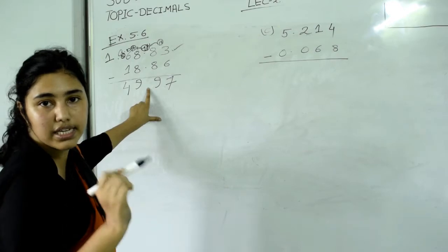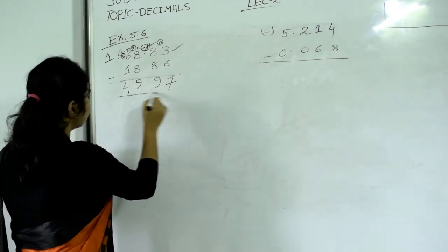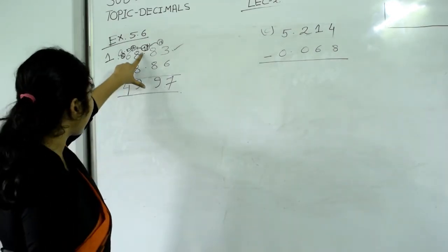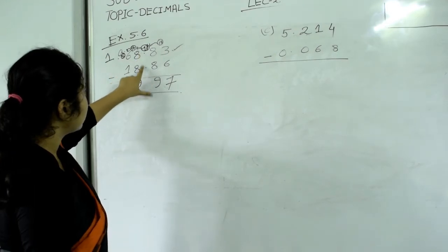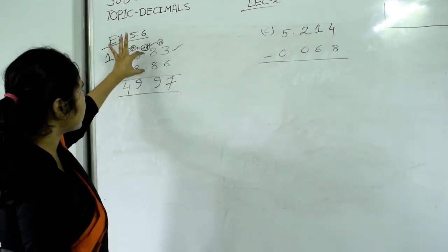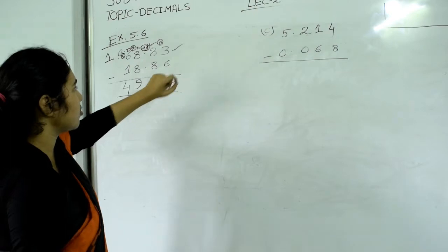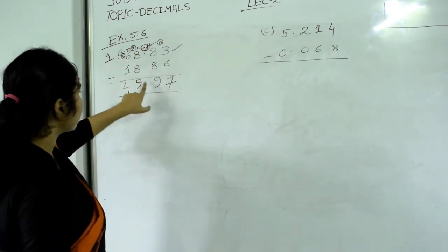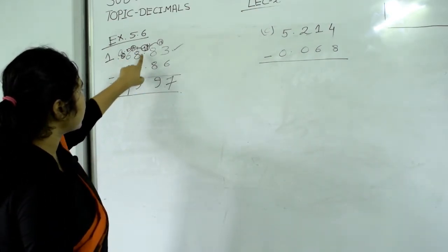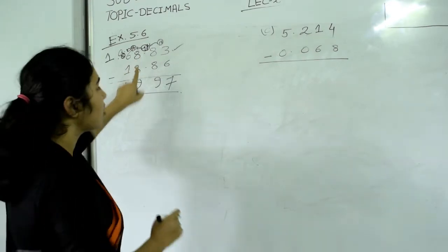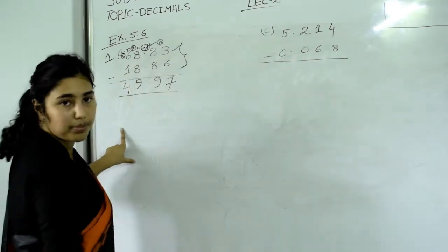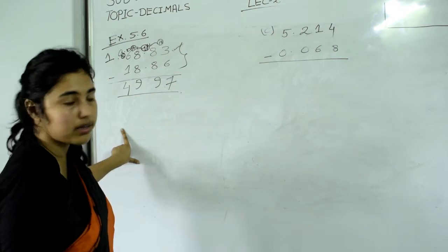Now insert the decimal point in this difference just directly below these decimal points of these two numbers. Do you understand?